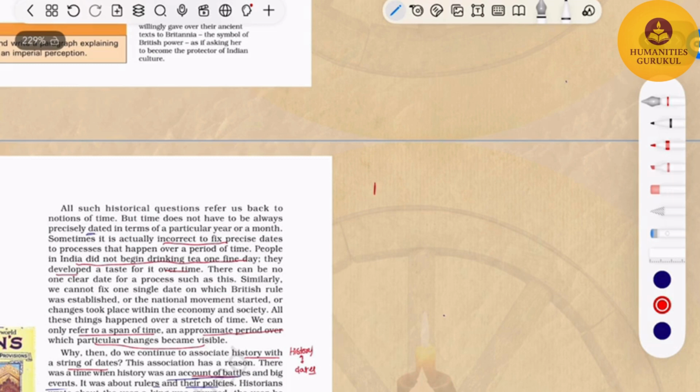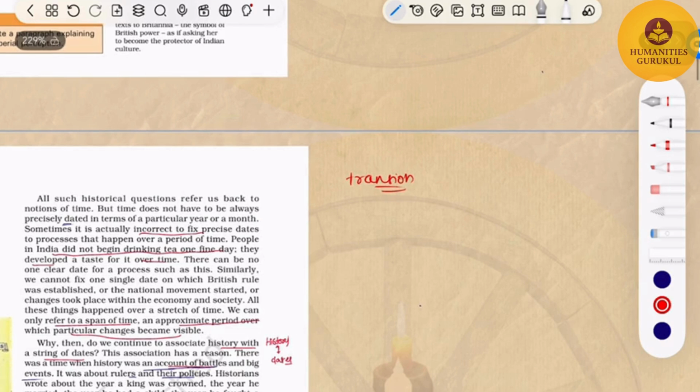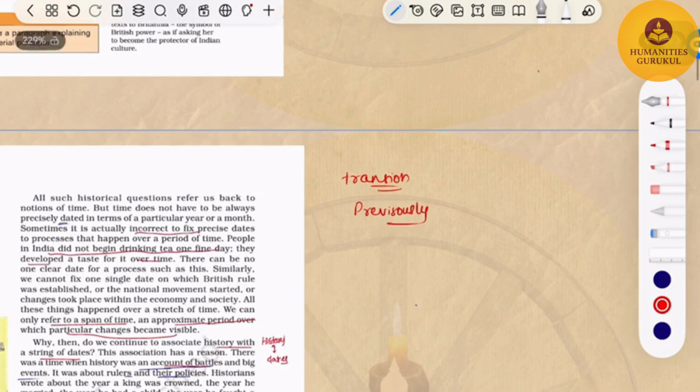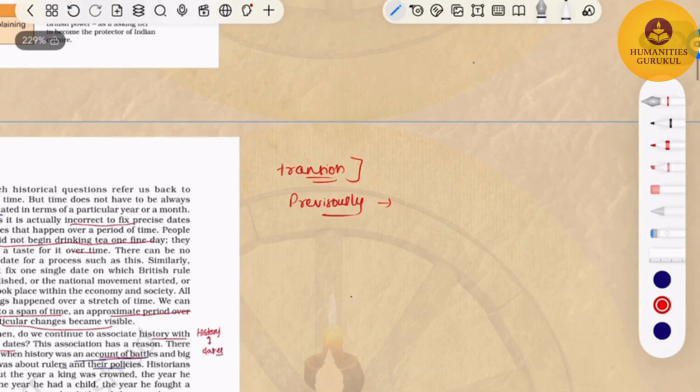Initially, history mostly focused upon major events, like the accession of a ruler, the birth of a ruler, or policies.